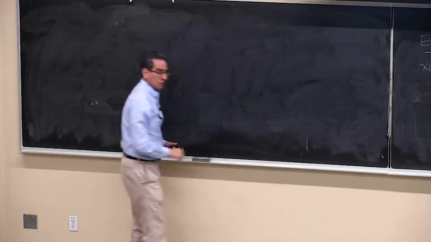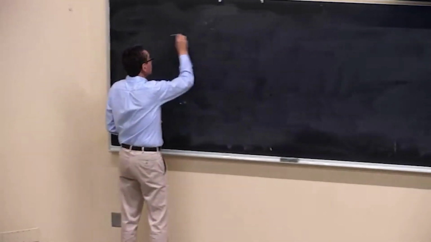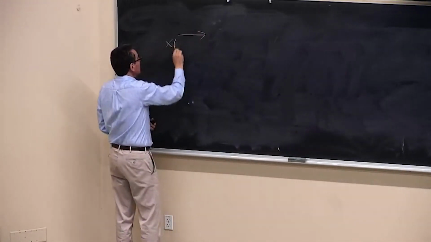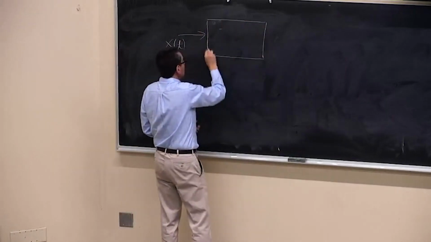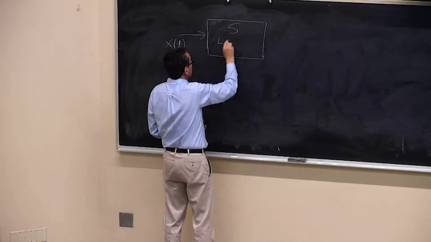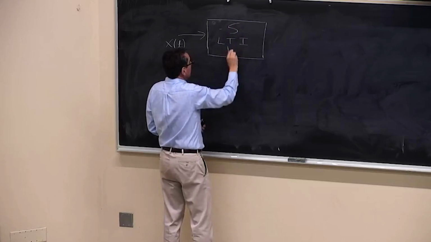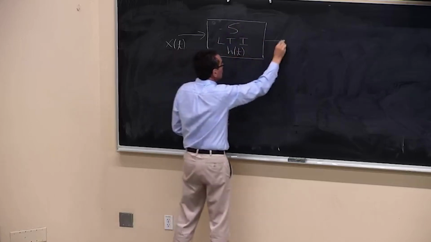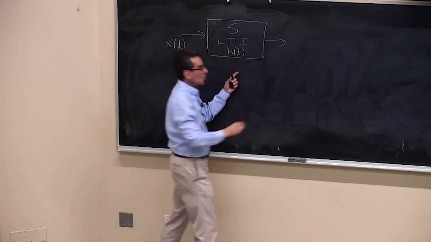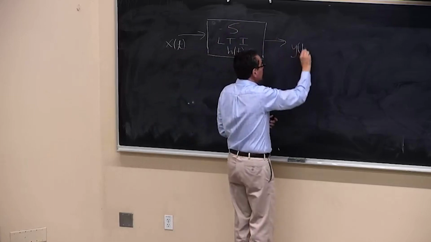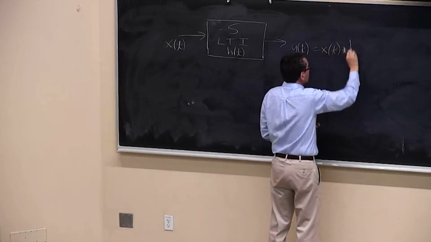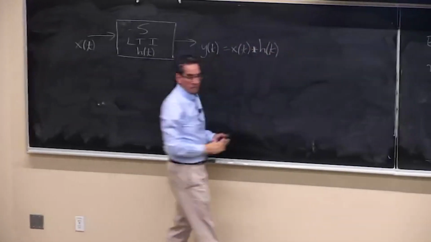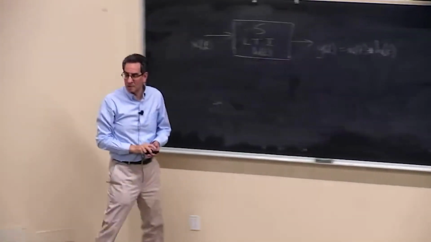We see convolution happening a lot when we take a signal x of t and we put it into an LTI system with an impulse response h of t, and what comes out is the convolution of x of t with h of t.